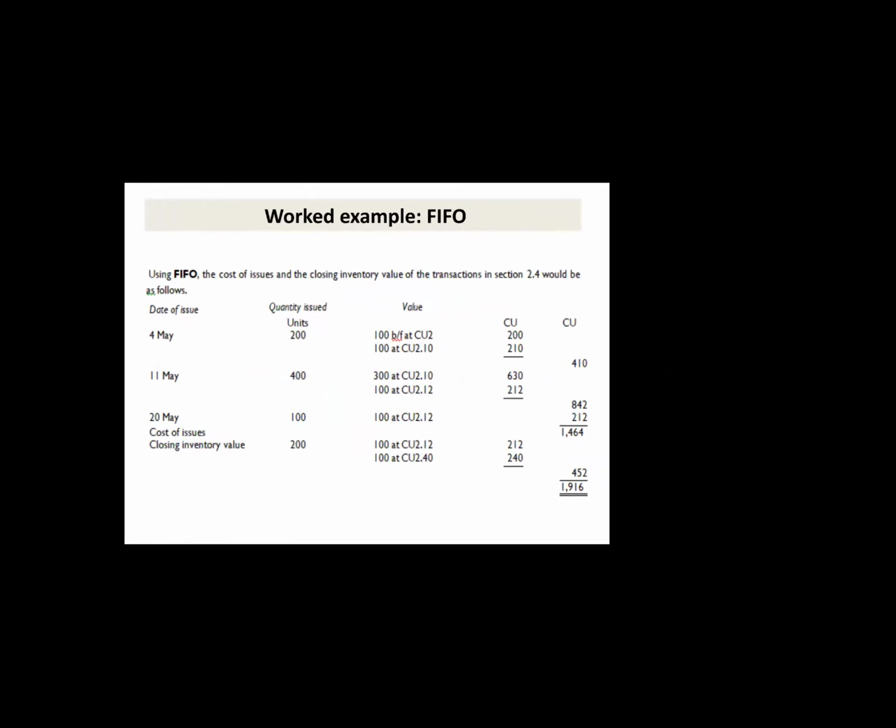And on 20th May, we issued 100 at the rate of 2.12. So our total cost of issue would be 1464, and our value of inventory at the end of the month would be 452, and our total cost including value of inventory would be 1916.